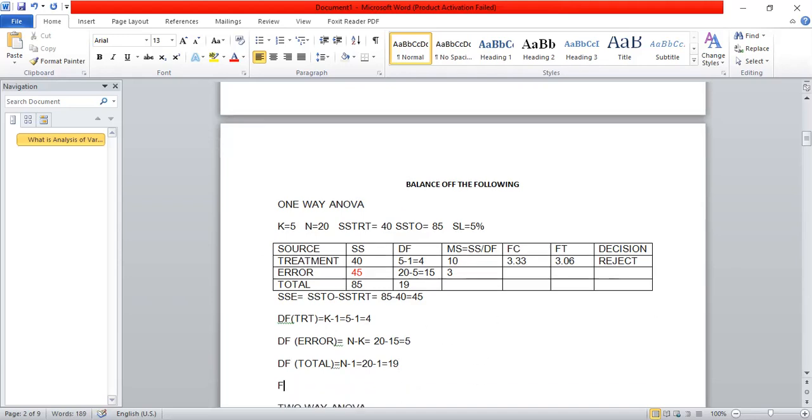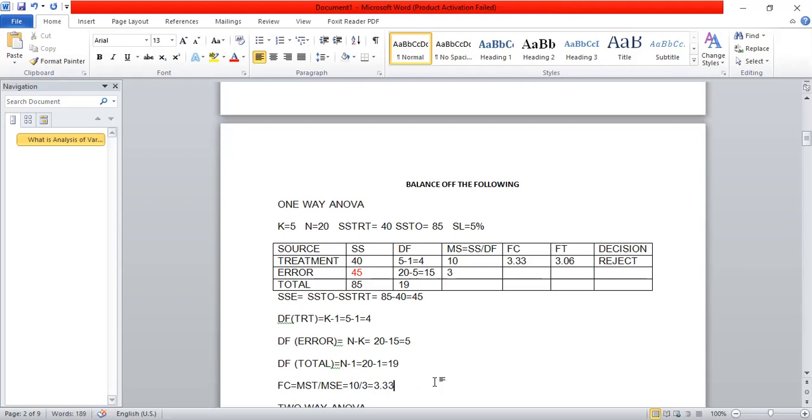So F calculated was mean square treatment over mean square error. So 10 divided by 3 was 3.33. Is that clear? Yes.